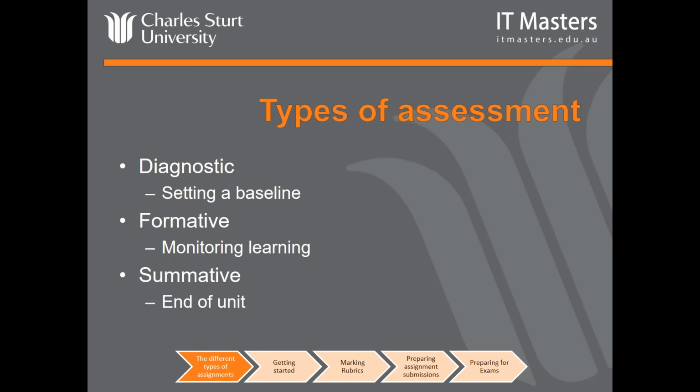So the basic types of assessment, and we'll get into the nitty-gritty in a moment, but just to introduce you to it. The basic types of assessment are diagnostic, and that usually happens at the start of a session or the beginning of a subject, and that includes aptitude tests or just tests to see where everyone's at.